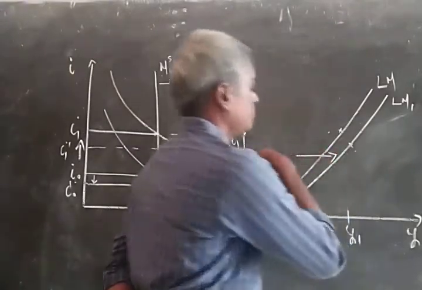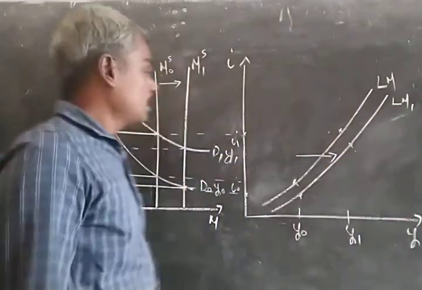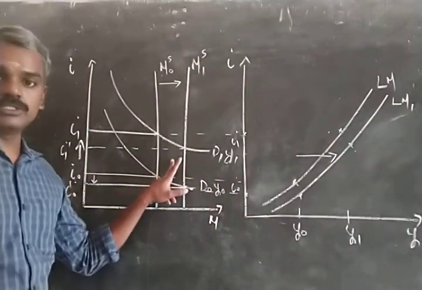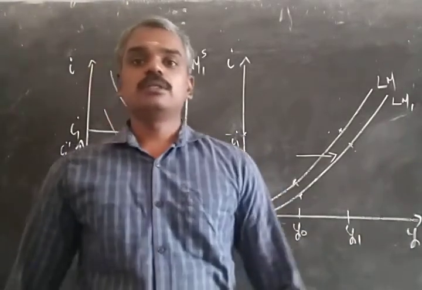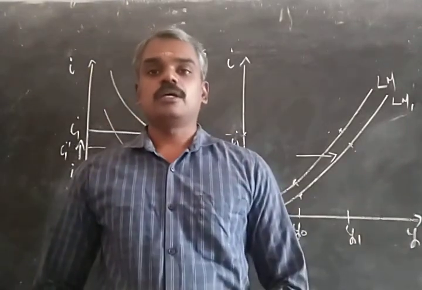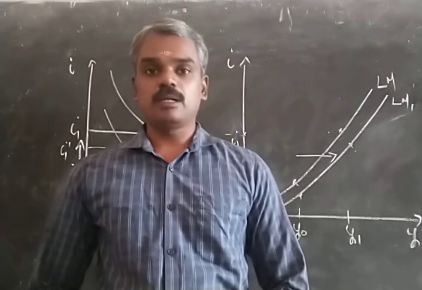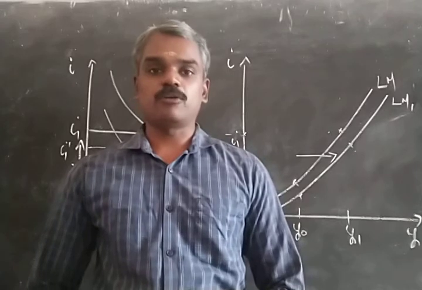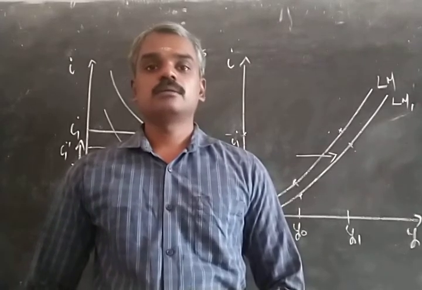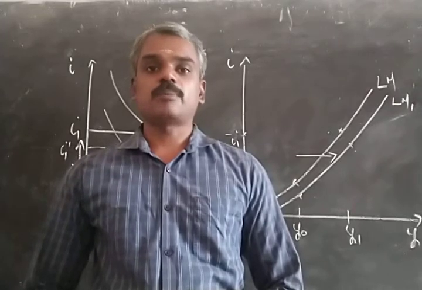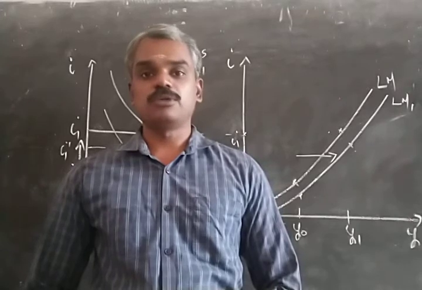So what has happened? The LM curve has shifted to the right from LM to LM1. How did this happen? Because of a change in the stock of money. When the stock of money increases, there is a disequilibrium between demand for money and supply of money, and demand for money has to increase to meet the increased supply of money. Demand for money will increase only if rate of interest falls.